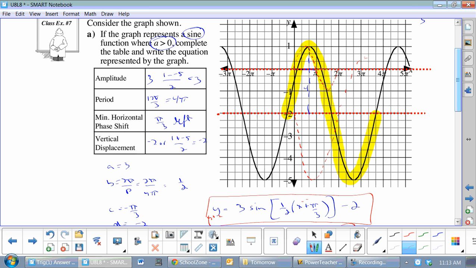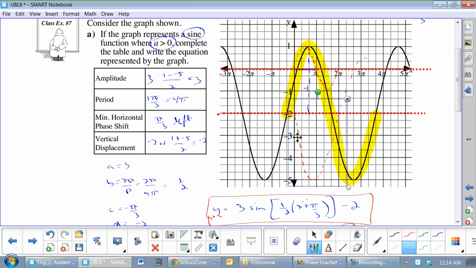Okay, so I'm getting a little lost here. Okay, but anyway, I got this bottom part that makes the most sense here. Okay, so this is after it was stretched, flipped, and then moved down. So what is the minimum phase shift this would have to go?